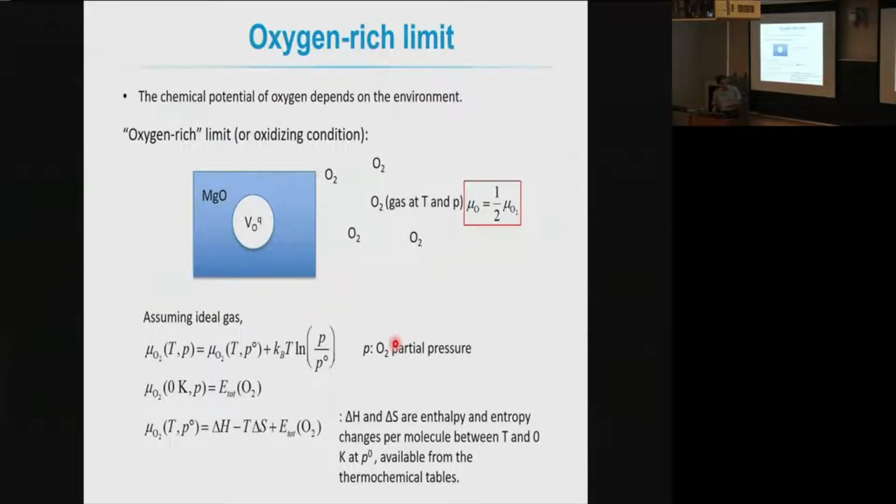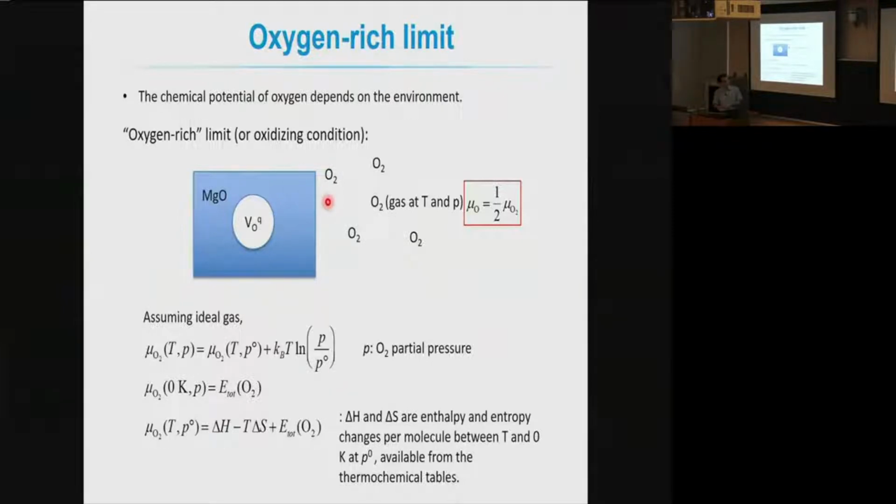Our system is magnesium oxide and one defect, and you have to consider the environment. So basically you have the magnesium oxide, and in order to define the chemical potential of the oxygen, you have one further phase that is equilibrated with this MgO that will define the oxygen chemical potential.